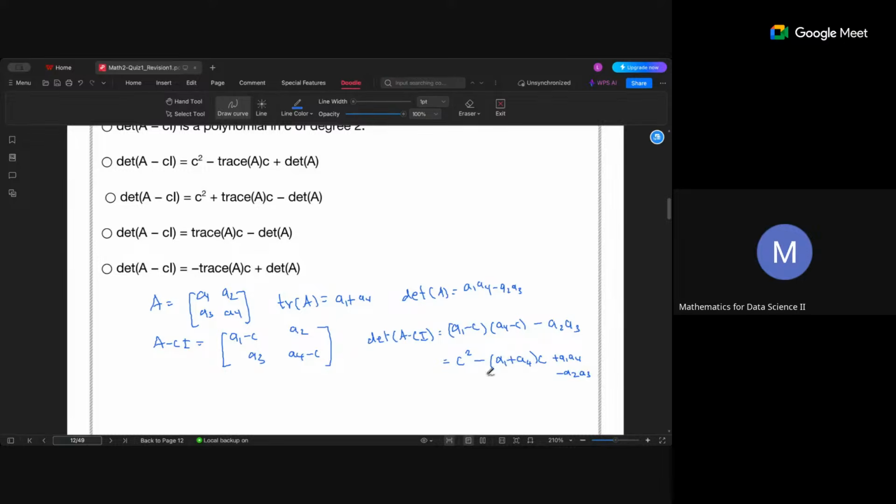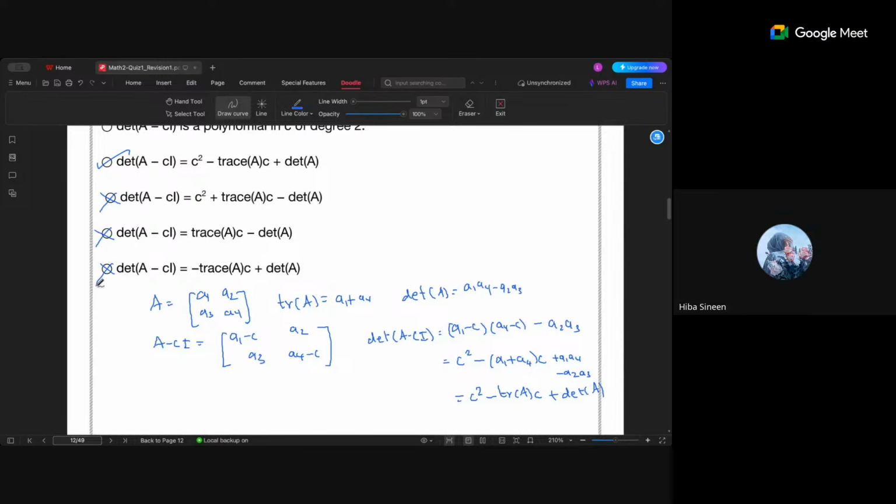Now this part is nothing but trace of A times C, and this is determinant of A. So you see C square minus trace of A times C plus determinant of A. This option is correct; the others are incorrect.